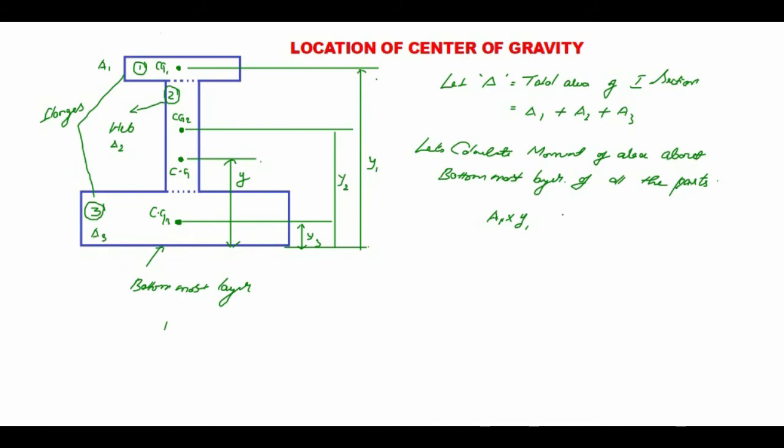The moment of area of the web is A2 y2, and of the third part is A3 y3. If you add all these three, you get the moment of area of all the parts about the bottommost layer. Let's take this as the total moment of area.